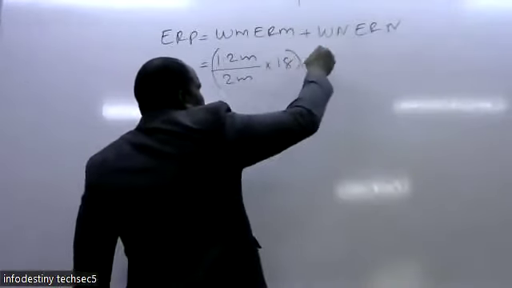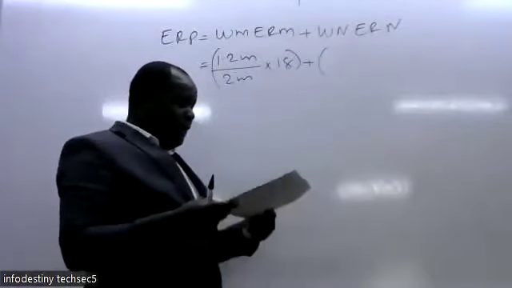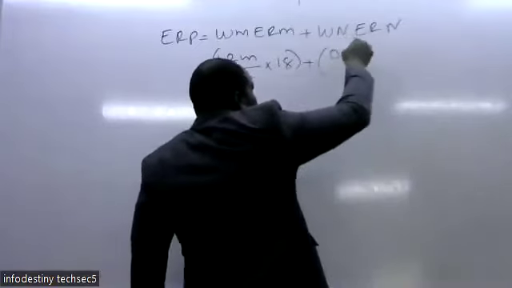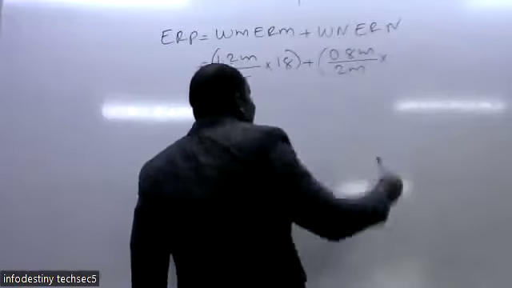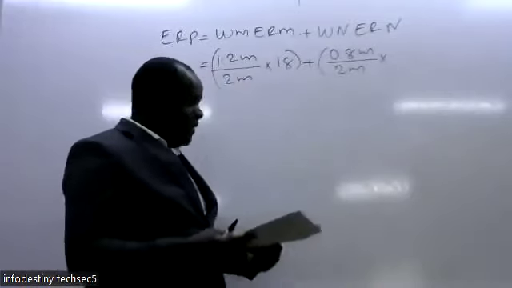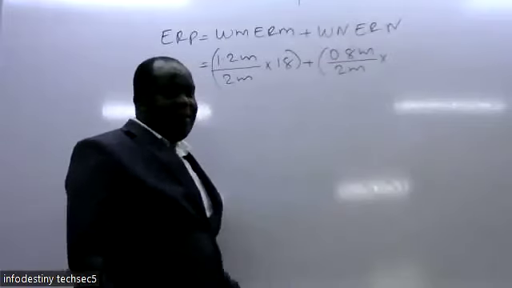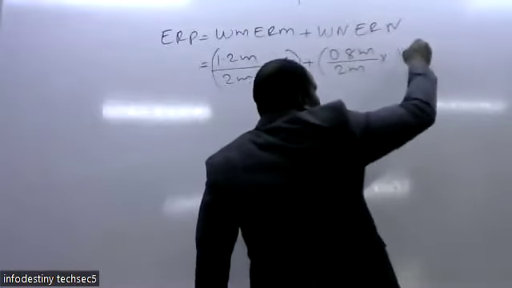This time it was given, unlike the other question where we calculated. The weight for N is 0.8 million, also divided by 2 million, multiplied by the expected return for N. They were able to give you 16.